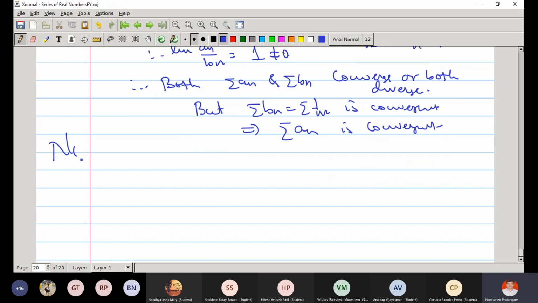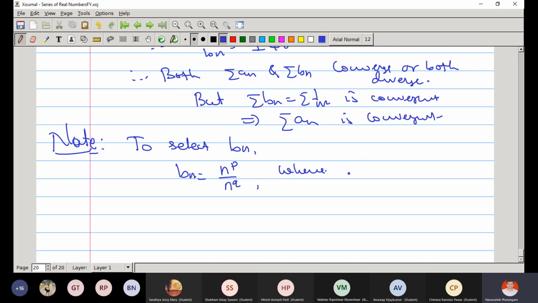So here, how do I select bn? To select bn, bn is equal to n to the power p upon n to the power q, where what is p?